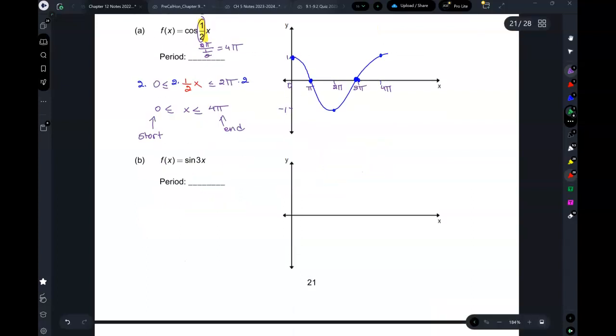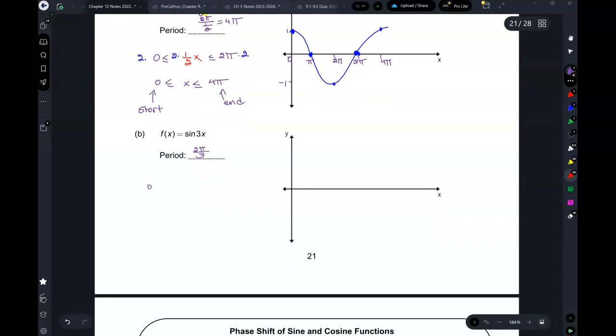Okay, so what's the period here? Not 3. 2 pi over 3. Okay, so now we're going to go 0 to 2 pi. Inside, what are we going to put? The 3x. So now I get 0, x, 2 pi over 3. So I start at 0, 1, 2, 3, 4, 2 pi over 3.